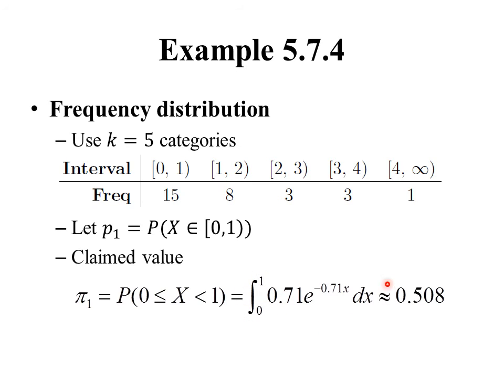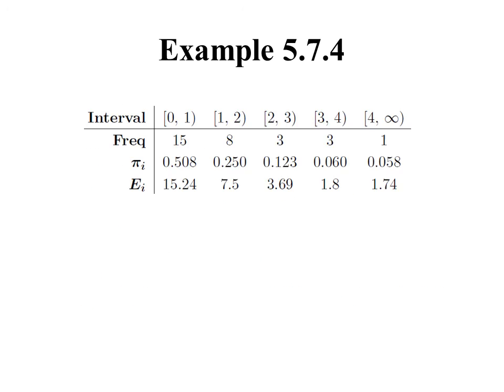And so if we do that, we get a probability of about 0.5. So we're going to call this value pi sub 1. So this is the claimed probability that x is in this first interval, and this is the actual probability that x is in that interval.